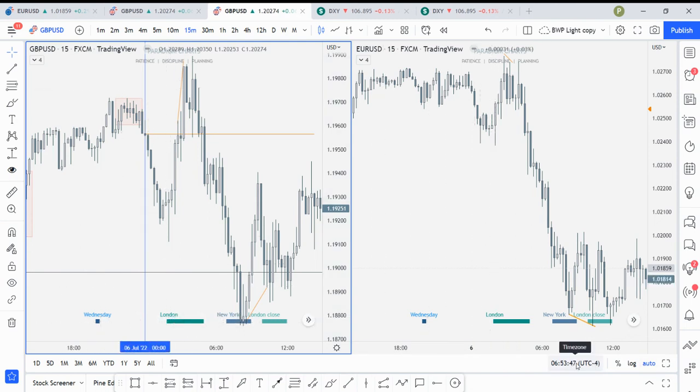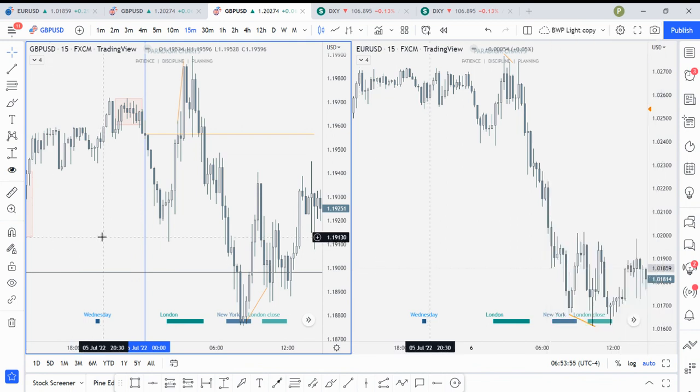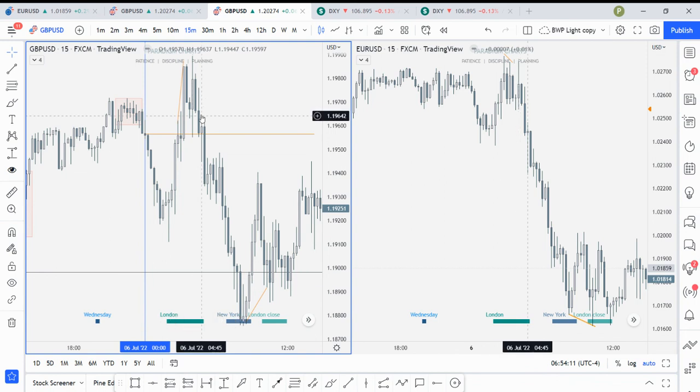Just make sure you change your TradingView time to New York time, UTC-1. So exactly between 2 a.m. and 5 a.m. New York time, if you're expecting price to be bearish, you want to see a rally up that will form the high of the day during London Q zone.